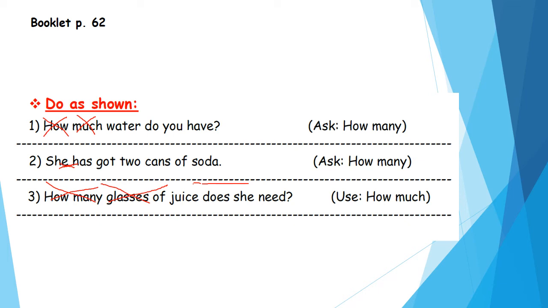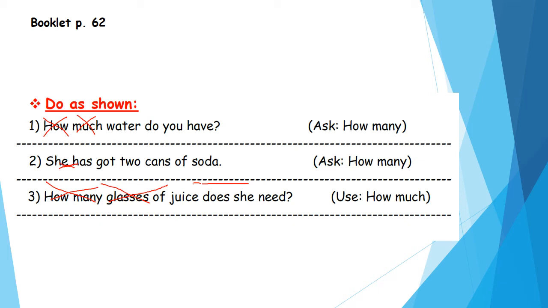Here in number 1, how much water do you have? We know that water is uncountable, so we use how much. Now he wants us to change how much to how many. Water is uncountable, so we need a container. We don't count the water itself, but we count the container that we put water in. We use glasses of water.